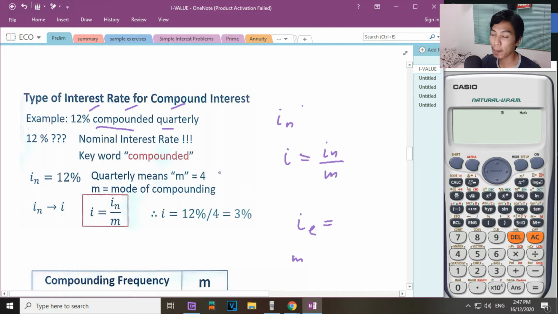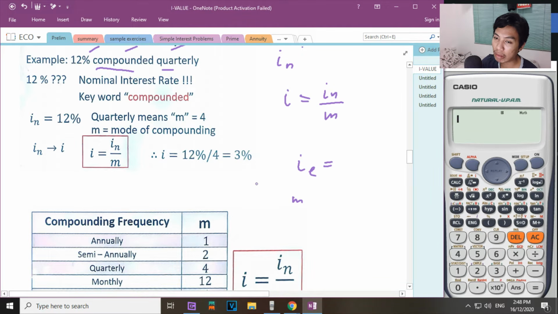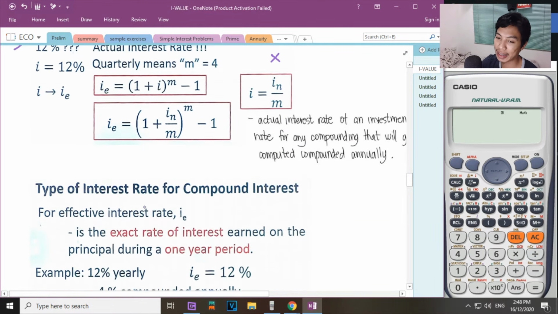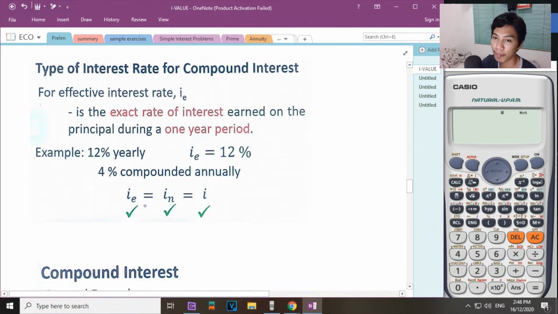Now, kapag wala sinabi, any of the two, okay? Pag sinabi lang, it is compounded 12%, okay? As is, that is, ano na kagad yun? That is actual interest. Yan. Okay? Ito yun. Now, ito yung mga notes to take in.